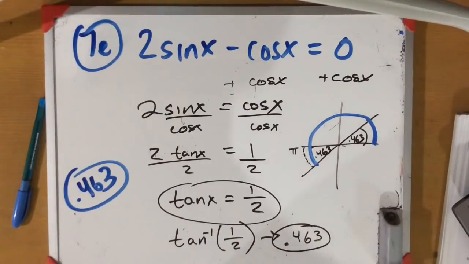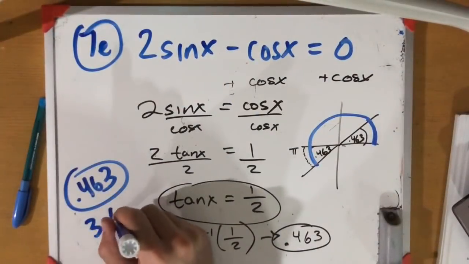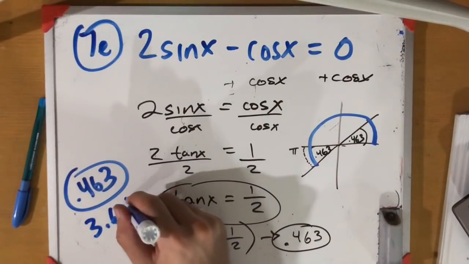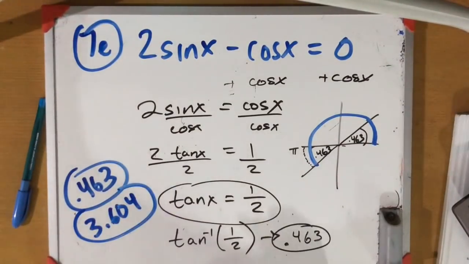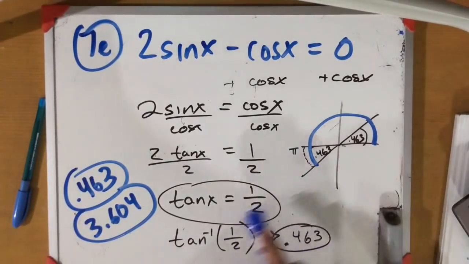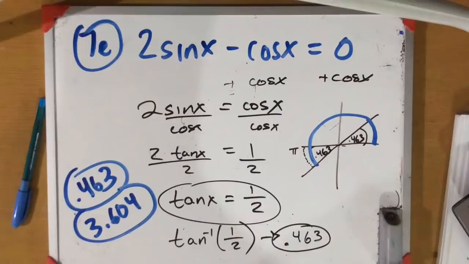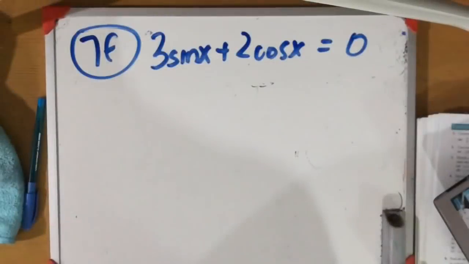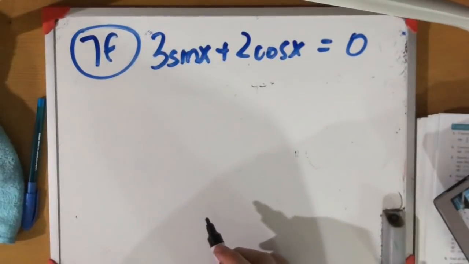That would end up being 3.604. So again, we just found our two angles according to this base angle of 0.463, which is 0.463 and 3.604.